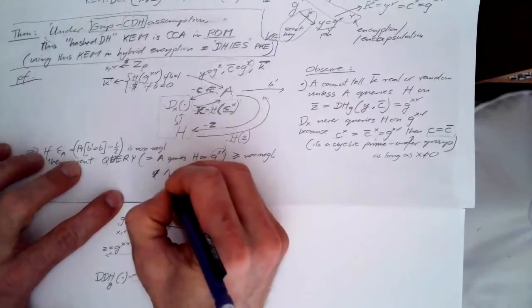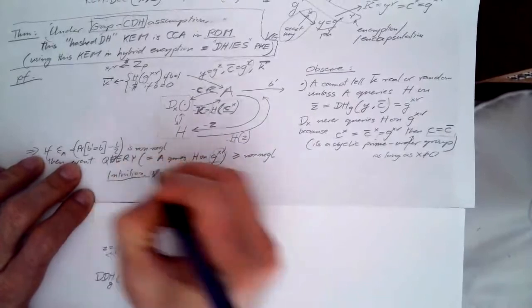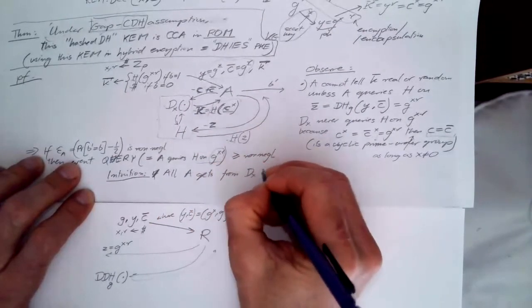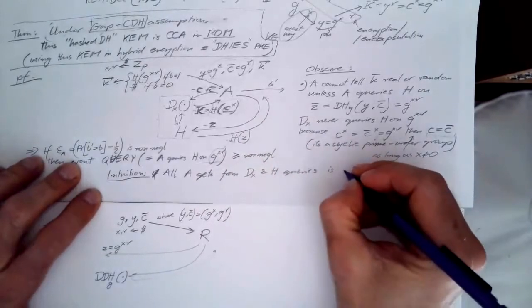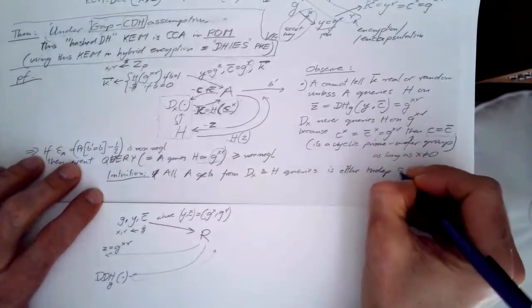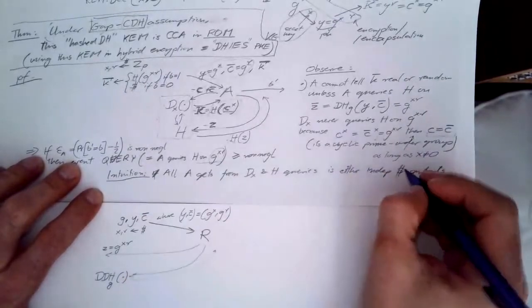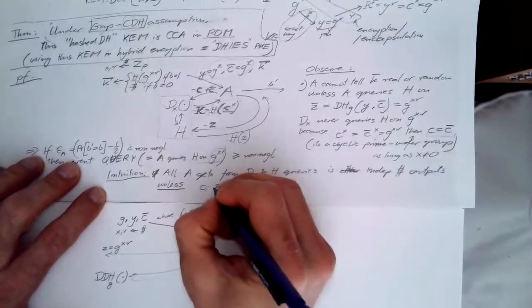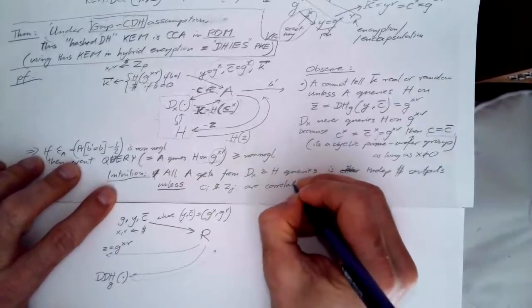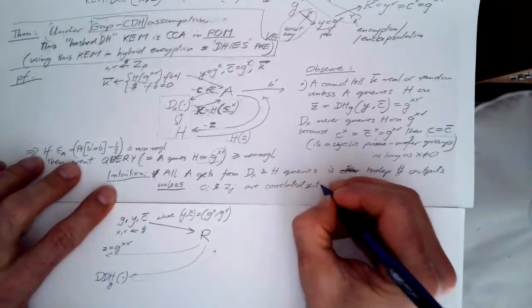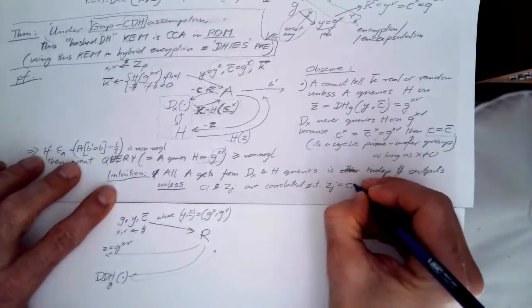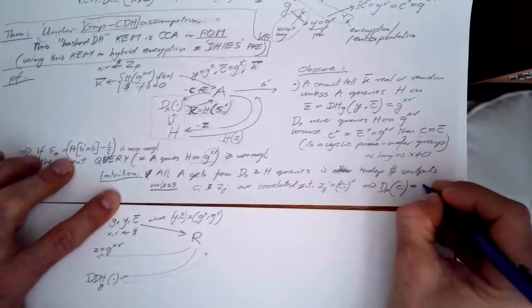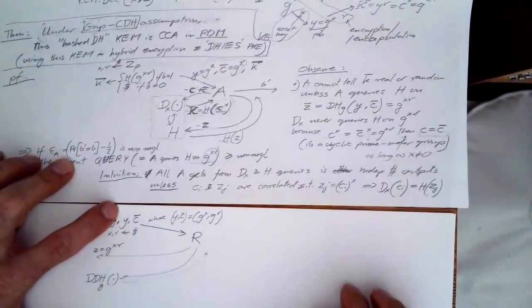The intuition was that all A gets from DX and H queries is either independently random outputs, unless Ci and Zj are correlated, meaning Zj is Ci to the X. And in that case, the response of the DX oracle on Ci has to be equal to the response of the hash oracle on Zj.